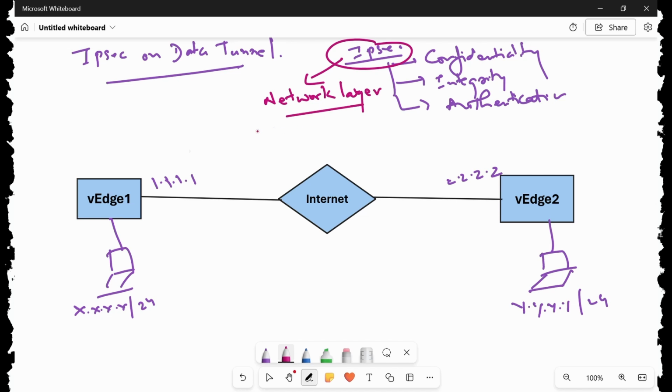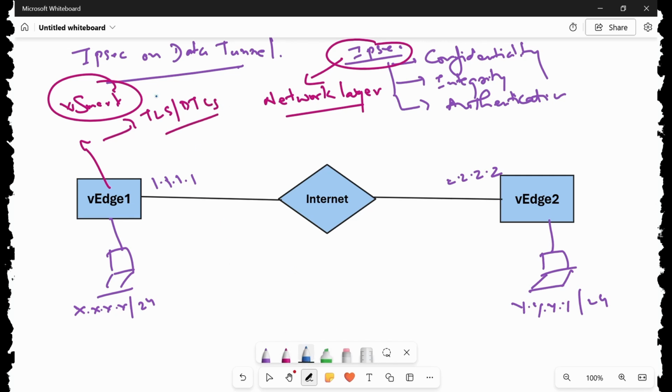And the tunnels formed between vEdge and the control device, whether it's a vSmart or vManage, the TLS and DTLS tunnels, work on the transport layer of the OSI model.